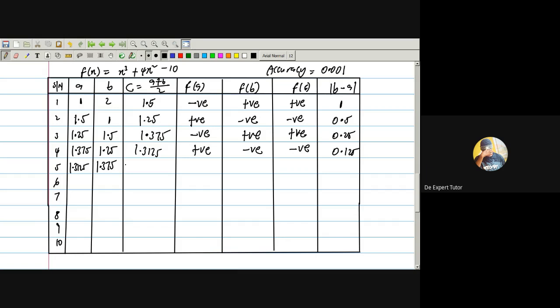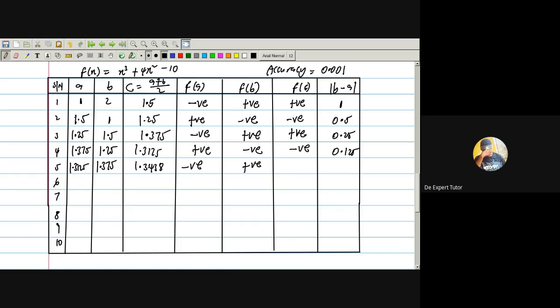What would that give us? 1.3438, four decimal places is fine. 1.3125 is negative, 1.375 is positive.